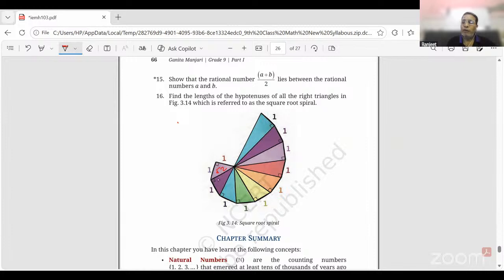And this is the perpendicular and this is the base, you can think. Then it becomes root 3. And when we draw a perpendicular from this line and take it 1 unit, it creates root 4. And now we will have root 5 here, root 6, root 7, root 8, root 9, root 10, root 11.